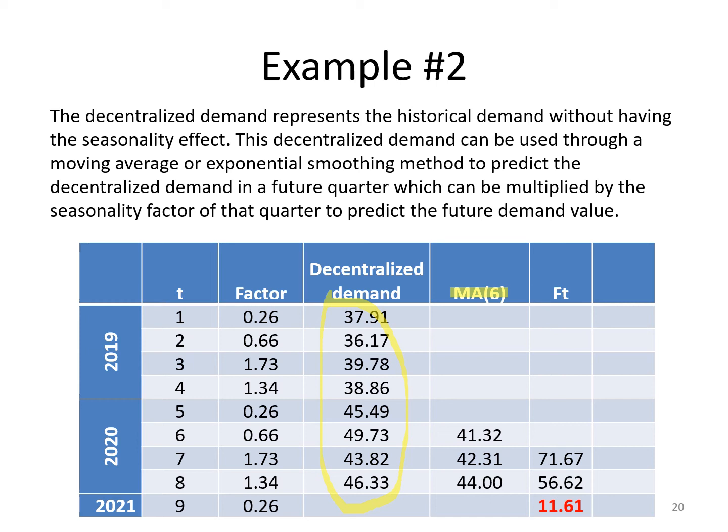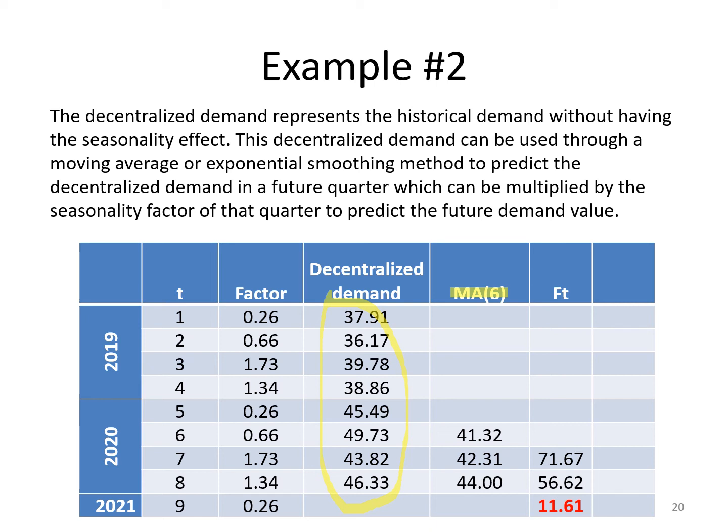Remember, when we used moving average to calculate the seasonality factors earlier, we applied moving average with 4 periods, because each season is constituted of 4 quarters or 4 periods.